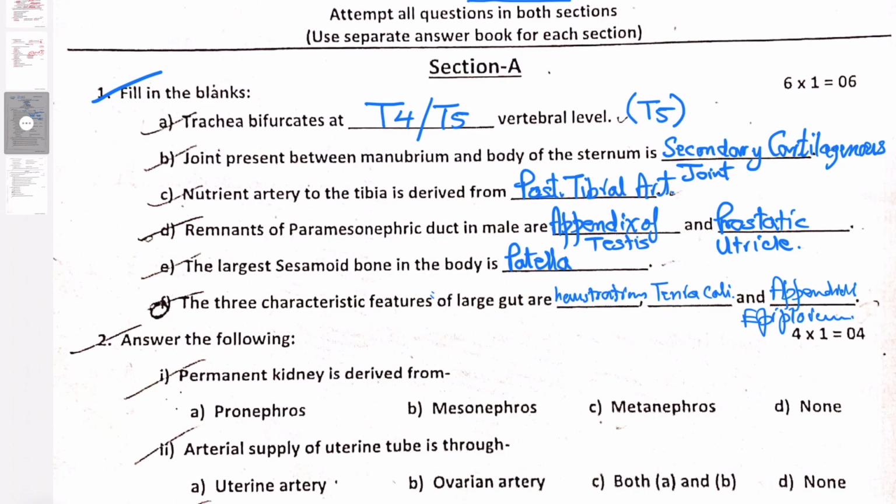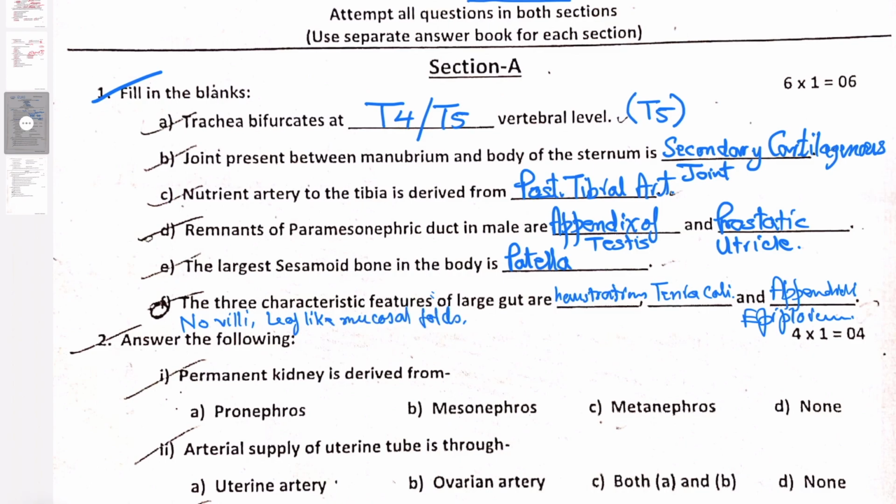I'm including the microscopic features also. Maybe the teacher framing this question had an idea about the microscopic features, so you should know a few important microscopic features also. One thing is that there are no villi in the mucosa. Unlike the small intestine, there will be leaf-like mucosal folds.